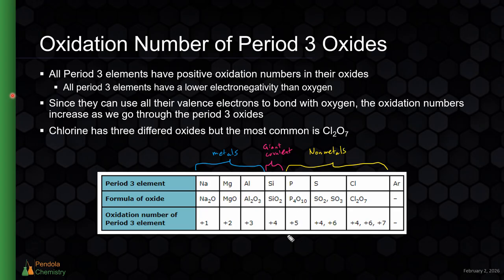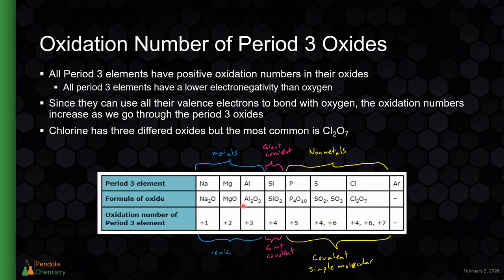So that means that the oxides that are created for the non-metals are going to be covalent in nature, and more specifically simple molecular. The silicon dioxide that's created is also going to be giant covalent. And the metals are all going to create ionic oxides.